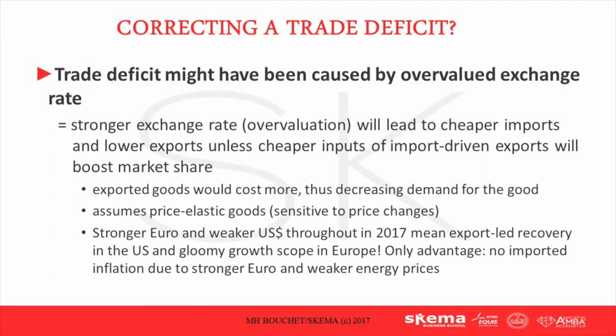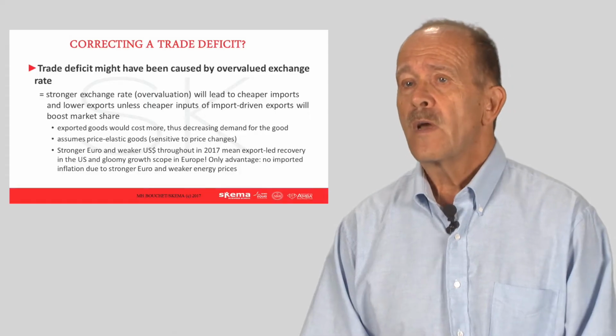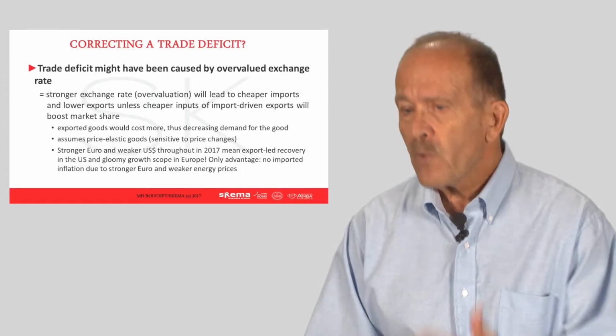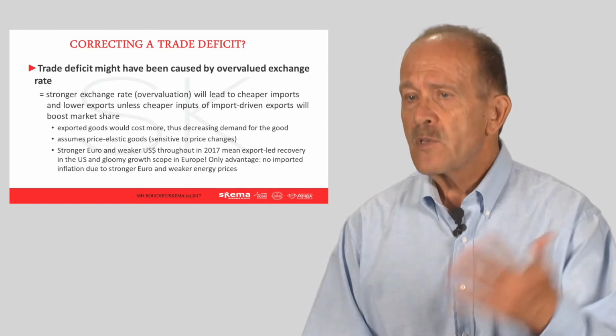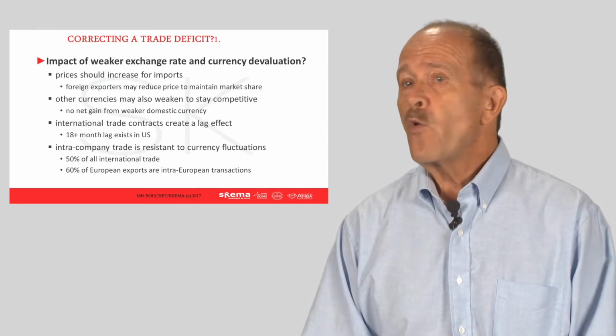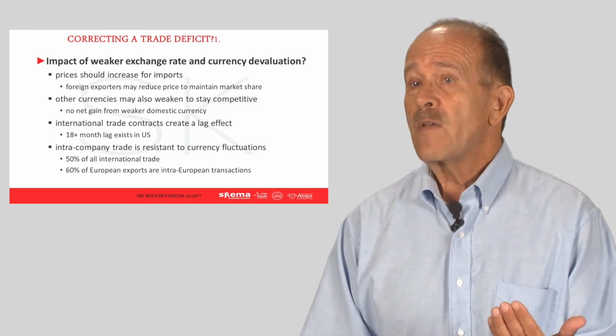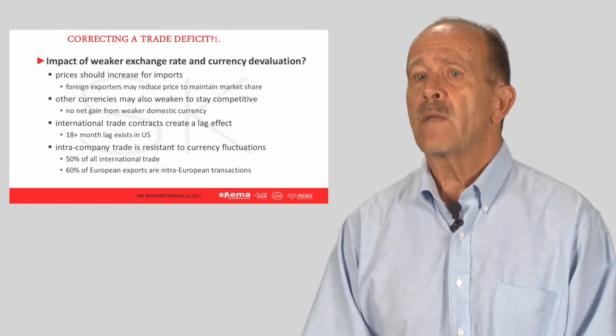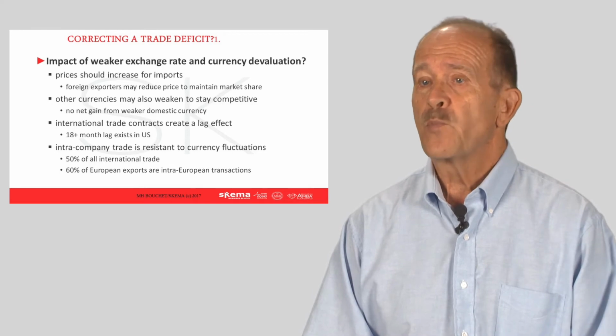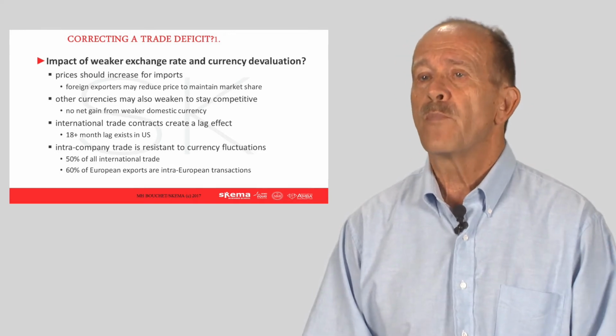And a stronger exchange rate will make exports less competitive while decreasing the cost of imports, hence contributing to slowing down domestic prices. And that could boost the competitiveness of import-driven exports outside the country. But a weaker exchange rate, in plain English, depreciation, or even a devaluation, is a most likely policy tool to beef up exports and to decrease imports.